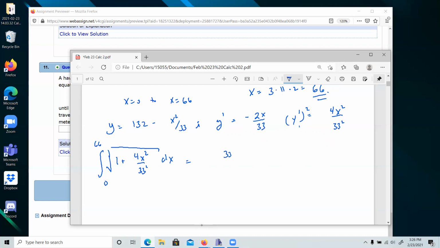So we have 33 squared plus 4x squared all over 33 squared, from 0 to 66, and this is the square root. It helped a little bit, not much, right? But this is going to be 1 over 33, and 0 to 66, so the square root.